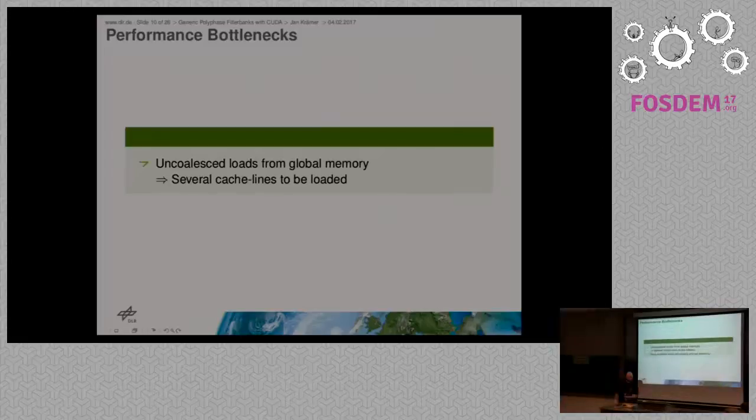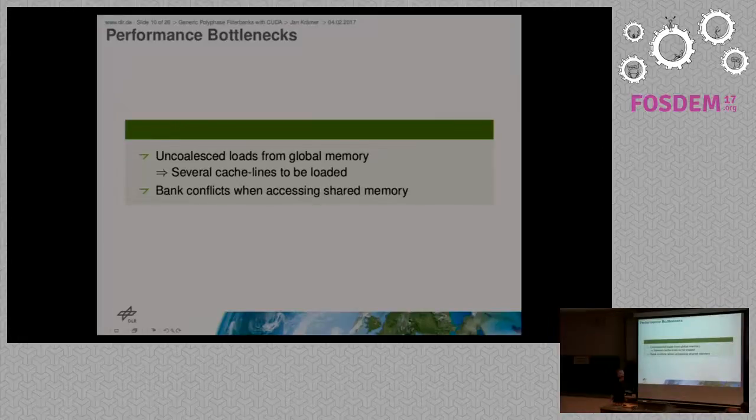Then, if you're using the shared memory, you have a similar problem. Shared memory can also be accessed in parallel if you access several banks in parallel. The graphics card structures this memory so that consecutive 32-bit words are in different banks. So if consecutive threads access consecutive 32-bit words, they can load all the data in one go.